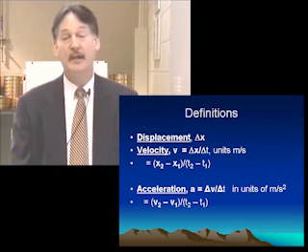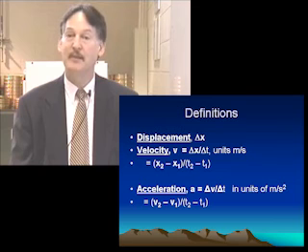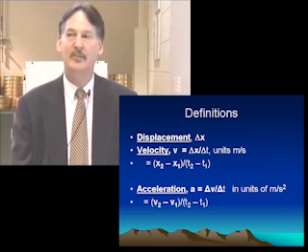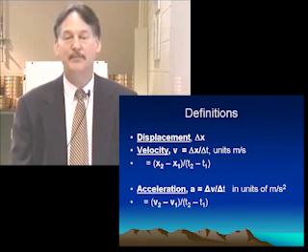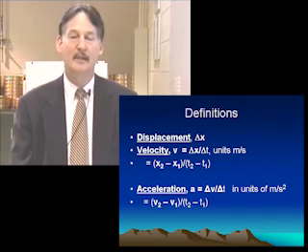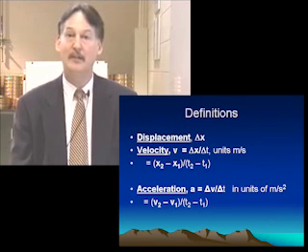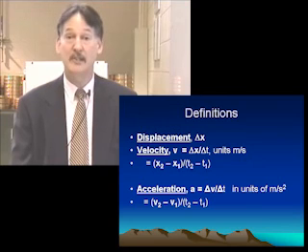The velocity is a derived quantity then, which is calculated by the displacement divided by the change in time. Notice that in terms of the quantities x and t, the change in x is x2 minus x1, and the change in time is t2 minus t1. And similarly, acceleration we will define as the change in velocity, v2 minus v1 over t2 minus t1.